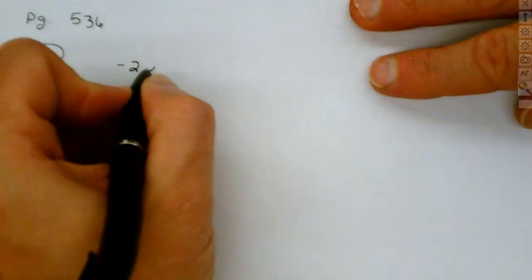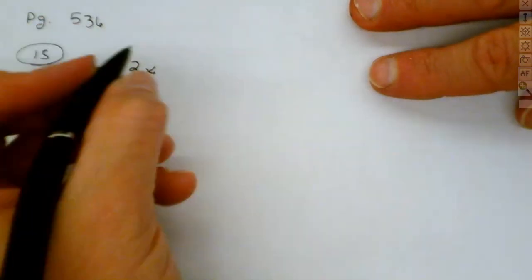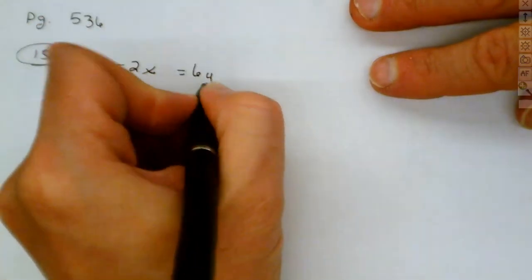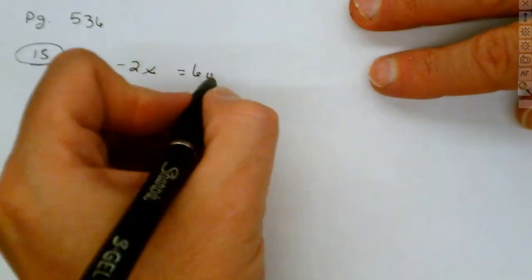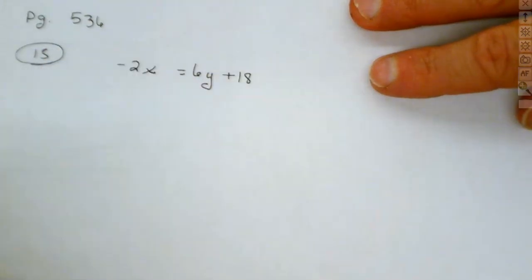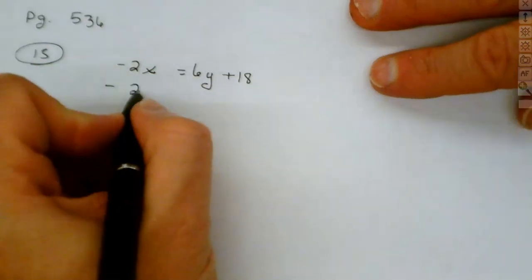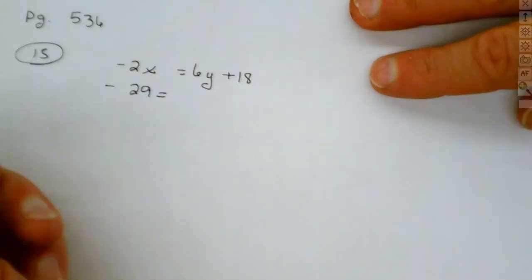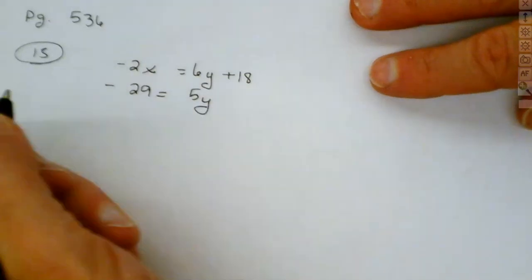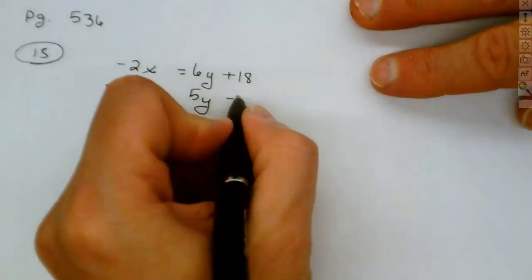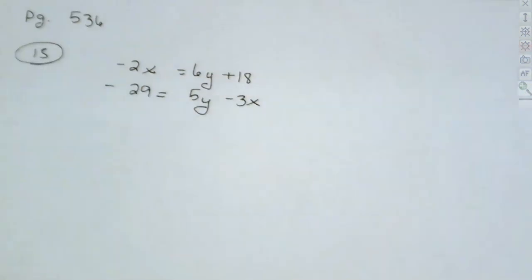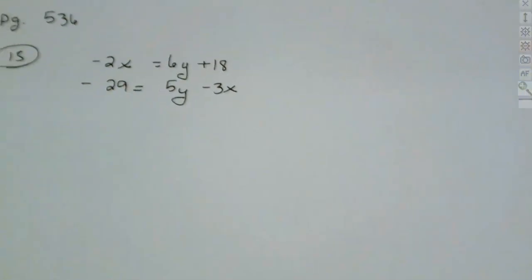And that's minus 2x equals 6y plus 18, and a minus 29 equals 5y minus 3x. So this is what we've got.